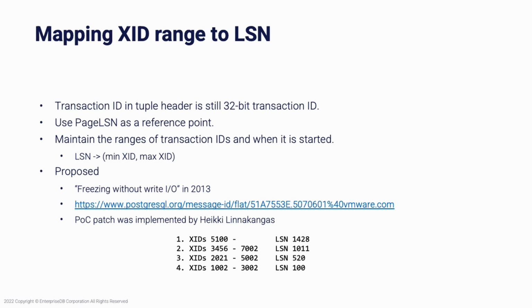The ranges can overlap. For example, looking at the bottom diagram, there are 4 ranges, and the current range is the first range. A page with a certain LSN is only allowed to contain XIDs that belong to the range specified by that LSN. For example, suppose the page has LSN 600, it belongs to the third range. It can only contain XIDs between 2021 and 5002.